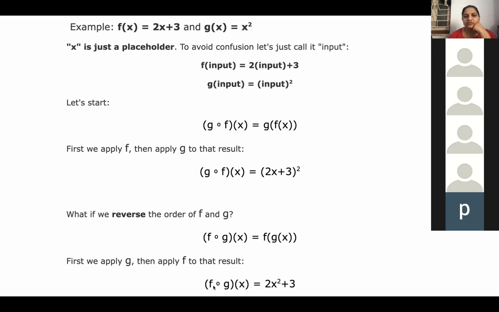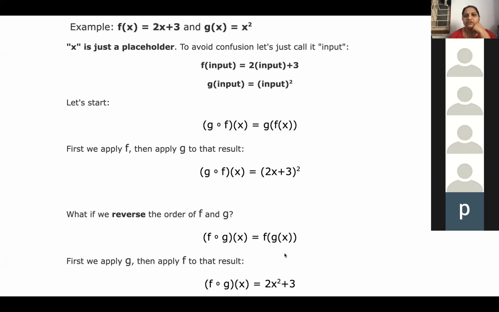So when we apply g first and then we apply f, instead of x we will write only x square, because the g function is simply x square.